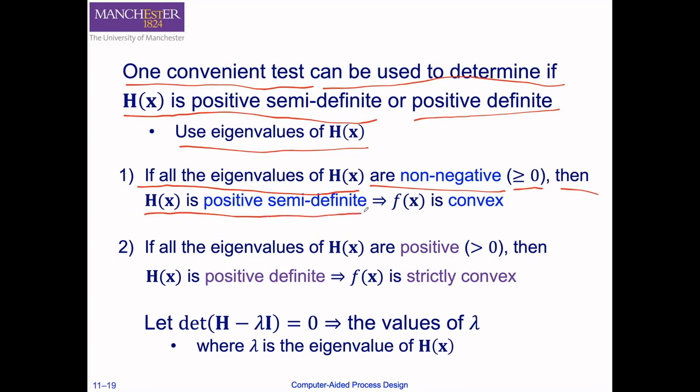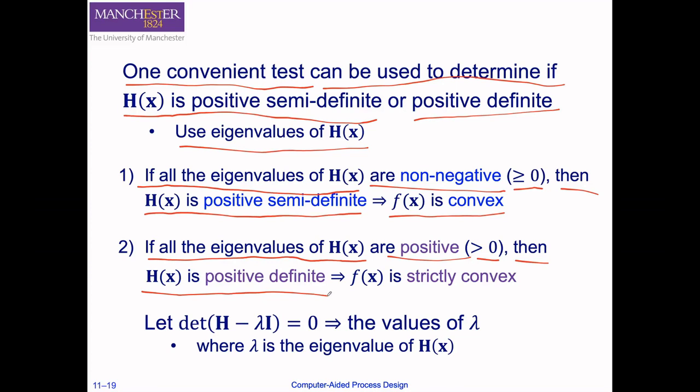As we discussed previously, if the Hessian matrix is positive semi-definite, then we know the function f(x) is convex. If all the eigenvalues of the Hessian matrix are positive, that means all eigenvalues are greater than 0, then the Hessian matrix is positive definite.